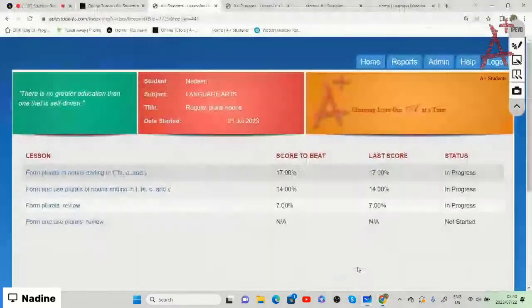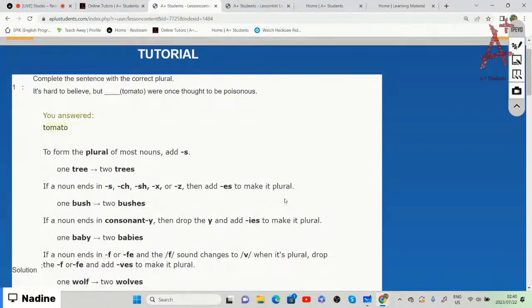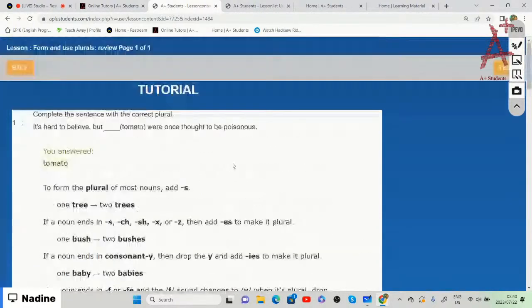All right, let's go back to our tutorial. Now we're going to do form and use plurals. And we already said that to form plurals of most nouns we add an S, right? So number one here says now complete the sentence with the correct plurals.